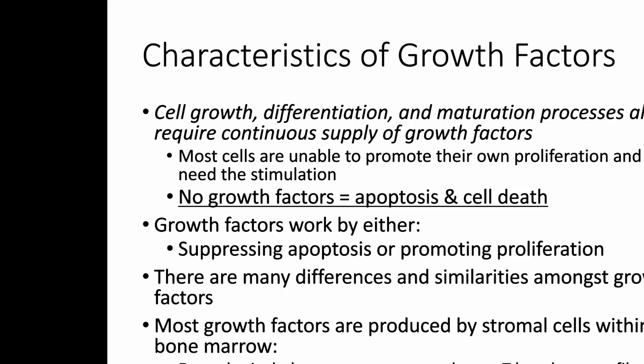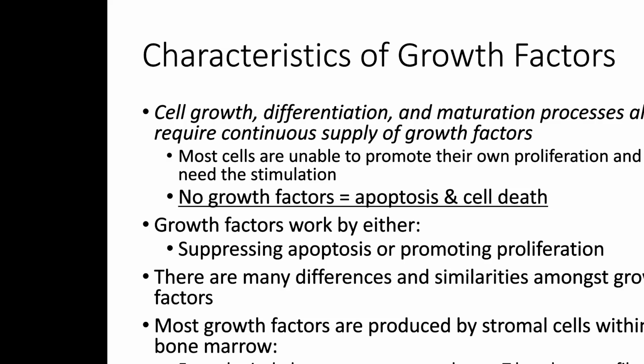So what the cell needs in order to be able to survive is having this continuous supply of growth factors. Most cells, by design, are unable to promote their own proliferation and need some sort of external stimulation in order to be able to continue surviving and growing. If there's no longer any growth factors being supplied to that cell, then it's going to lead into apoptosis and death.